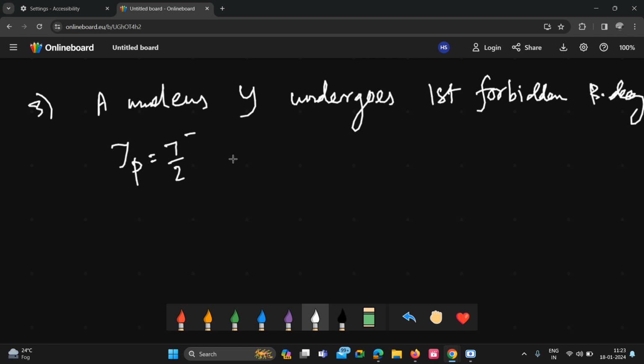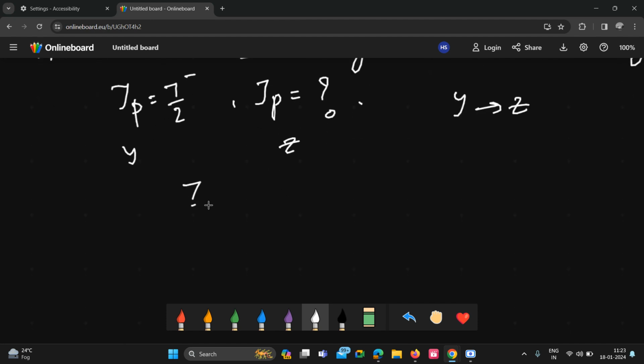So you have to find JP for the other side. Y is decaying to Z. This is for Y, you have to find for Z, on the right side. What is the J and parity, going through first forbidden beta decay.